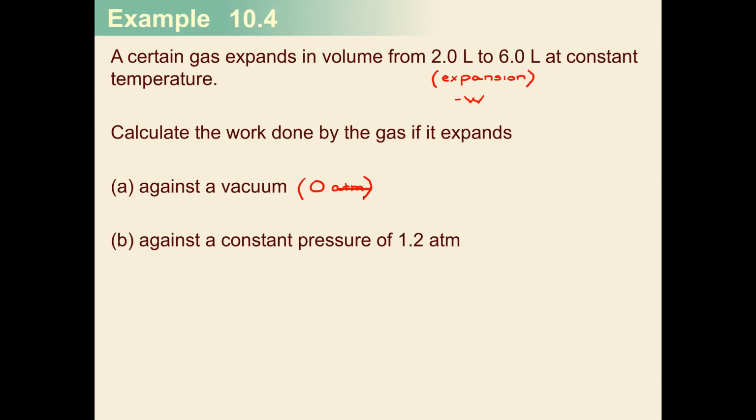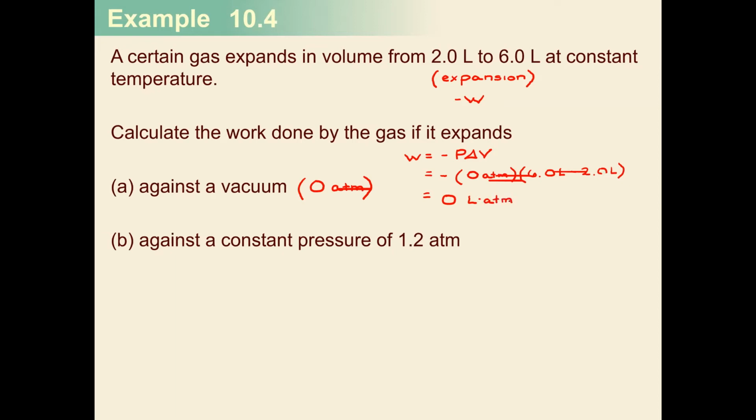So now what we can do is state that our work is equal to negative P delta V, but now we are going to say negative our pressure being 0 atmospheres times our change in volume, which is going to be final minus initial, and you will see that I am going to end up with a value of 0 liter atmospheres of work.